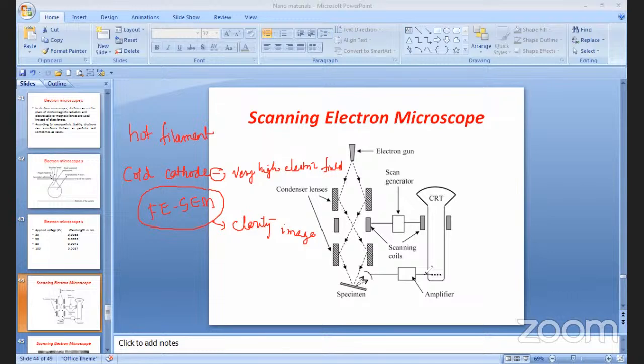In order to avoid the oxidation and contamination of the filament, as well as to reduce the collisions between the air molecules and electrons, the filament and sample have to be kept in a vacuum chamber. As we have discussed, if any scattering takes place due to the air, it is a problem.